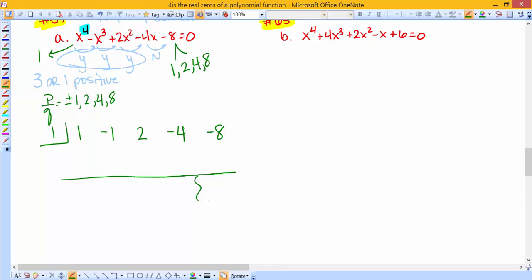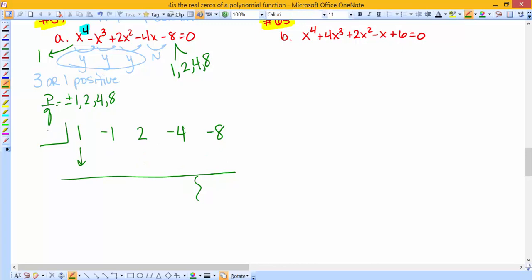The remainder must be 0, so we need to be careful not to make mistakes. So I drop the 1. 1 times 1 is 1. Add, I get 0. Multiply, 0. Add, I get 2. Multiply, I get 2. Add, I get negative 2. Multiply, negative 2. Oh man, that's not going to give me 0. So I need to pick another number.